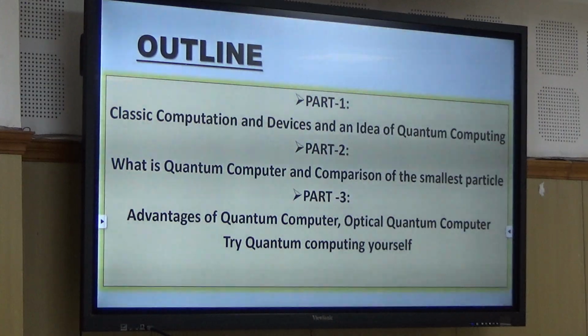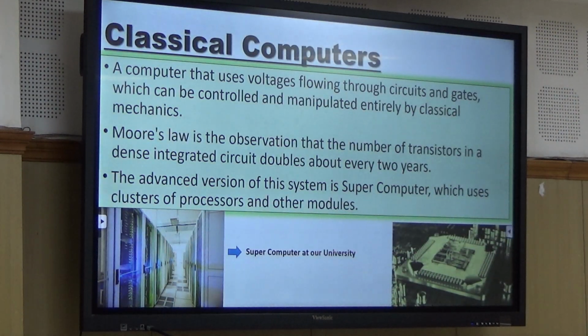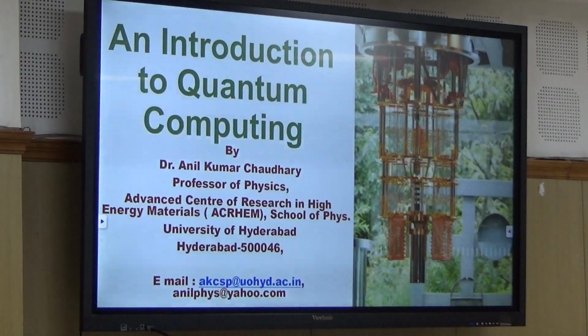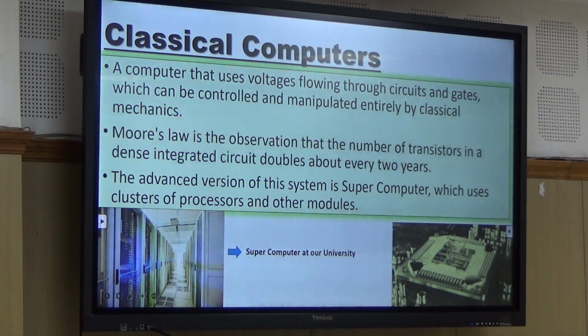And when we are talking about the computer technique, a classical computer uses voltage going through a circuit, because this is the normal computer system we use in our daily life, which is controlled and manipulated entirely by classical mechanics, and it is basically governed by Moore's law.